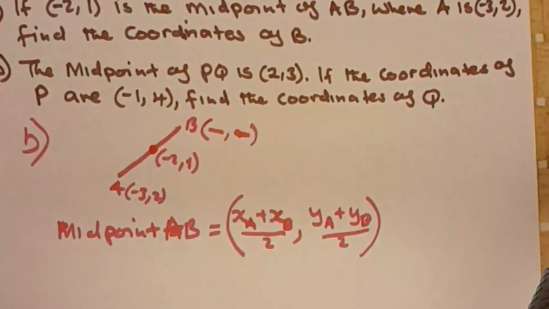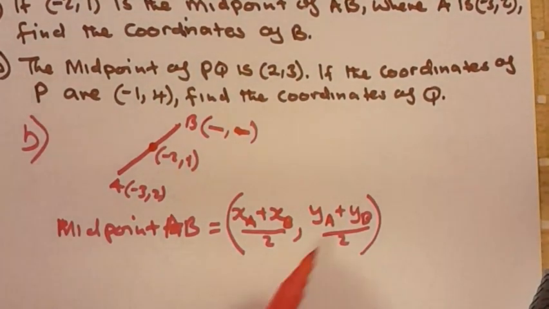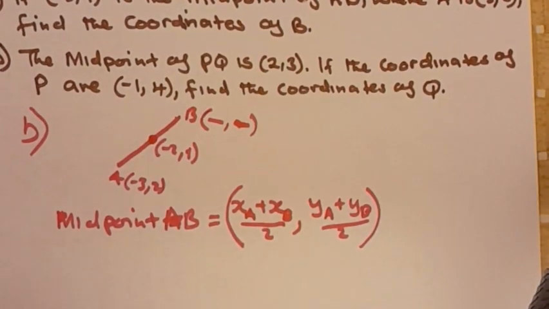We're putting brackets because these are coordinates. The midpoint is in form of coordinates.